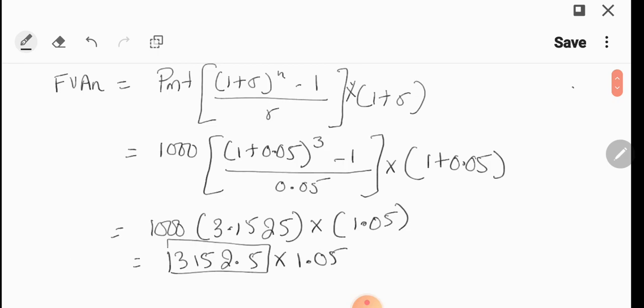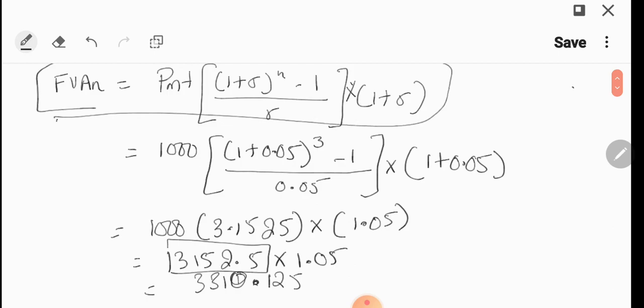If you go back to the previous unit, you will see this is the answer you got over here. So if you simply multiply that answer by 1.05, by 1 plus R, your answer will convert to your annuity due answer. So this is 3310.125, and this is the value that we got even in our single cash flow formula. So again, this is the same concept, but this formula will make your life easier.